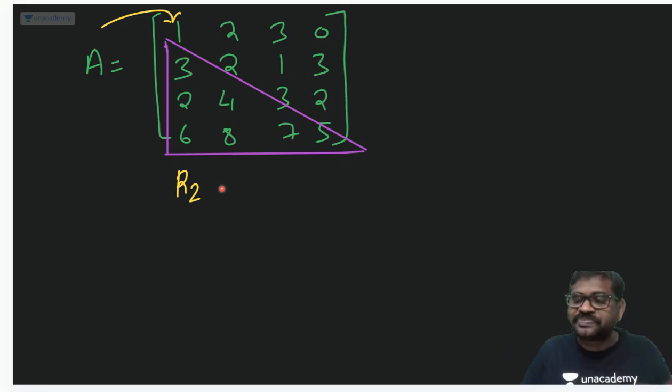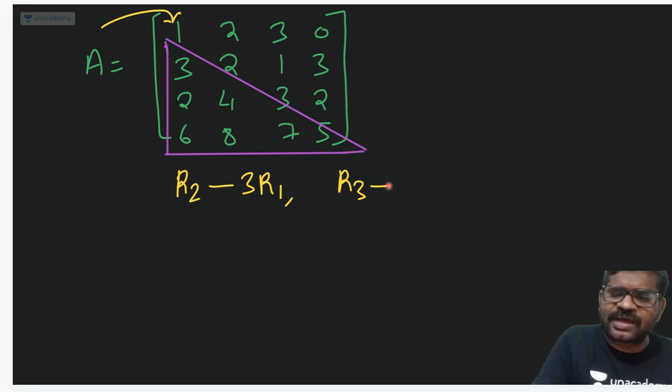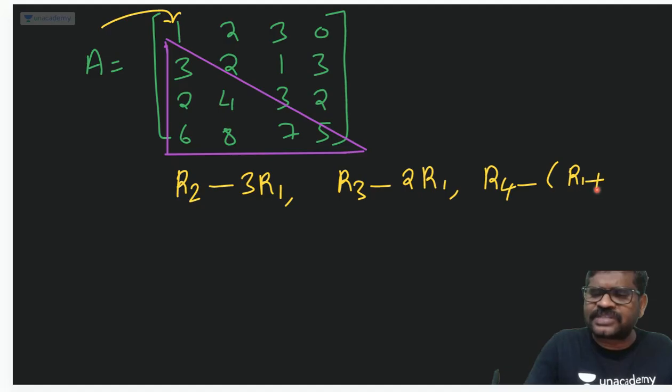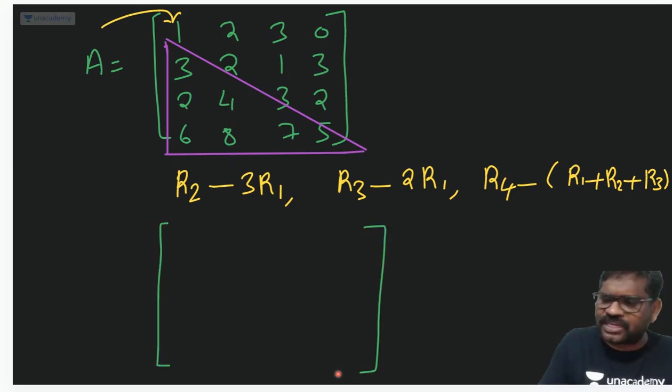Now, R2 minus 3 times R1, R3 minus 2 times R1, R4 minus (R1 plus R2 plus R3). Concentrate here. First row, there is no operation, write as it is.